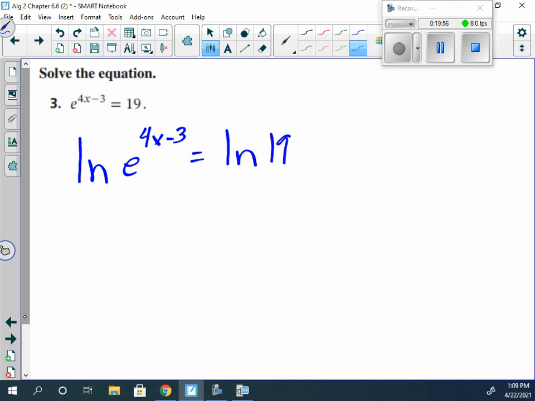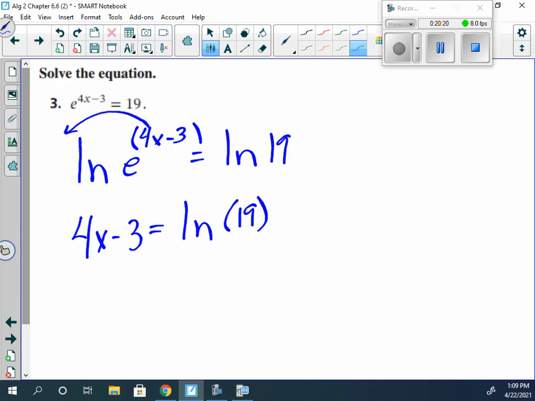We're excluding what's in the exponent of e, because what's inside the exponent, for any of these here, is going to move to the front, and the natural log of e is 1. So really what we're left over with is 4x minus 3. Now on the other side, we have the natural log of 19.